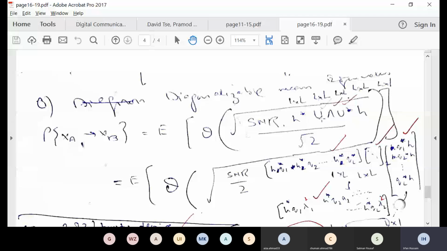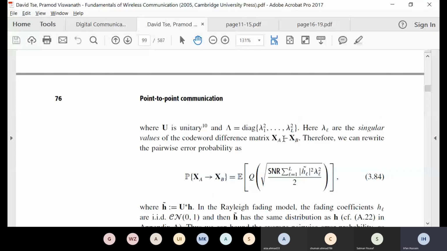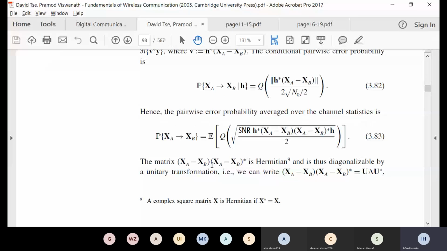This totally represents xa minus xb. If you see xa minus xb, this was of size L cross N, and this will be N cross L, so in total this was an L cross L matrix.